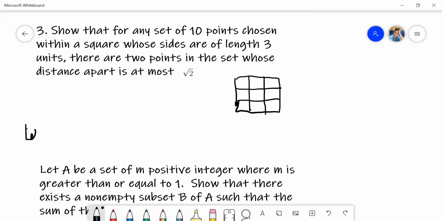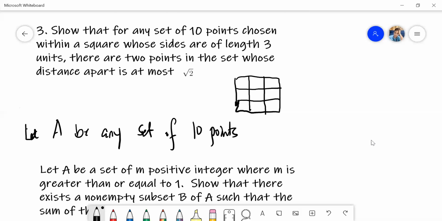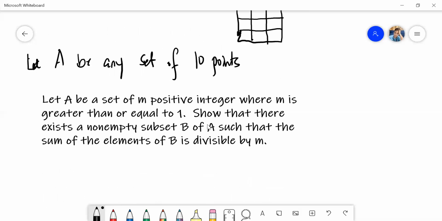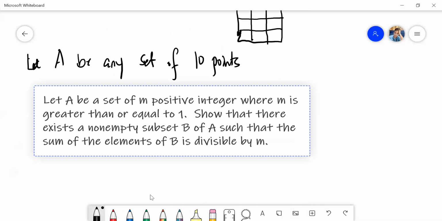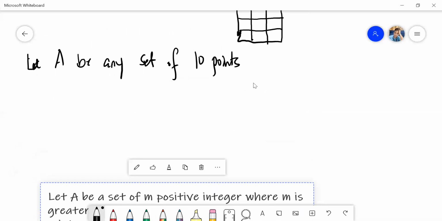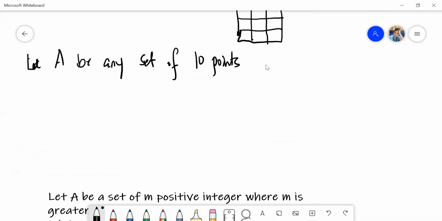So let's say let A be any set of 10 points from a 3 by 3 square.